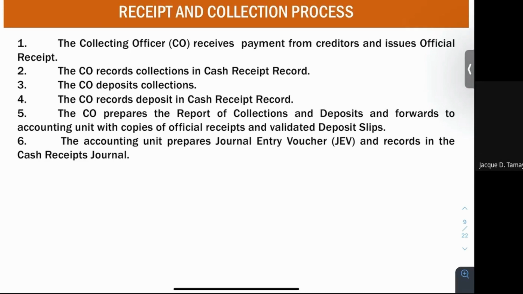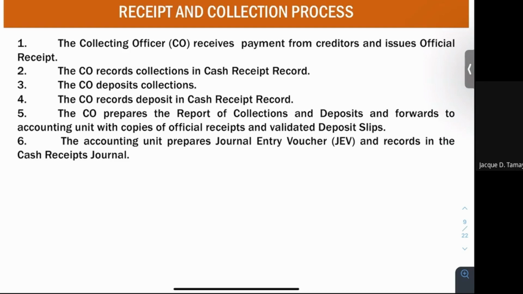Next, the collecting officer records collections in the cash receipt record. Then the collecting officer deposits the collection, and records the deposit in the cash receipt record. This is the report that is given to us, which we compare with the ORs together with the deposit slip.